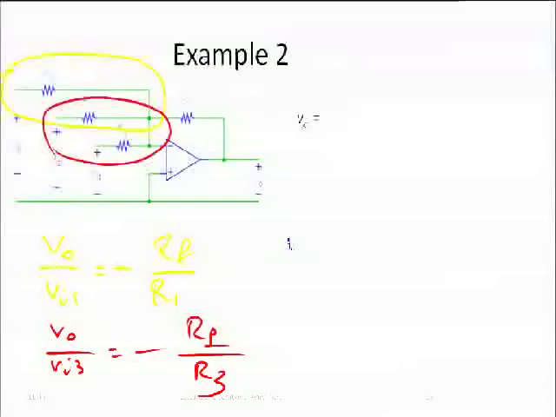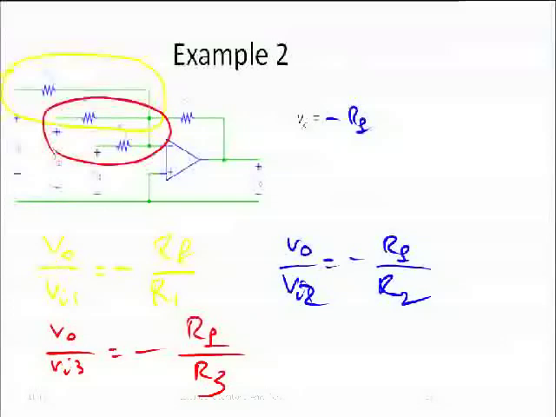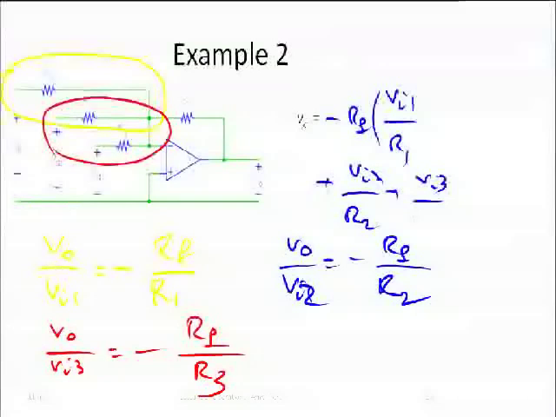We get V out over VI2 is equal to minus RF over R2. And then finally, how are we going to figure out what V out is when we have all the inputs? Just add it together, right? So V out is equal to minus RF times Vi1 over R1 plus Vi2 over R2 plus Vi3 over R3. Done.